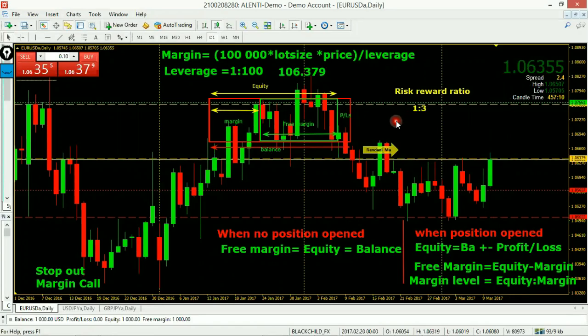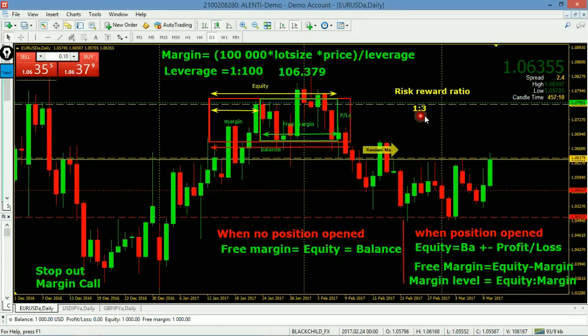It must always depend on the what? On the setup, the market setup, or your high probability entry at that time. So it's not something which is always constant.